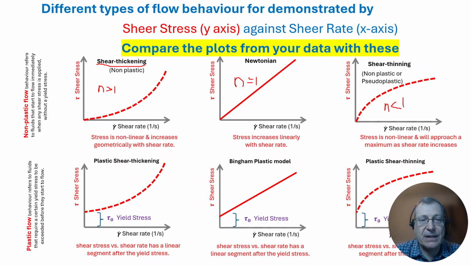So what we're seeing is shear stress will still increase as shear rate increases, but it increases more slowly. Each increase in shear rate produces a smaller increase in stress than before. On the graph, we see the graph rise quickly at first and then gradually flatten out.